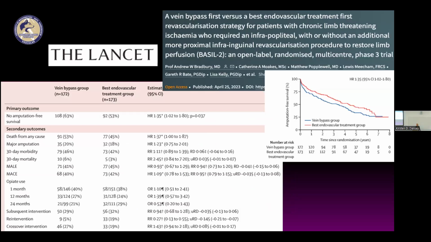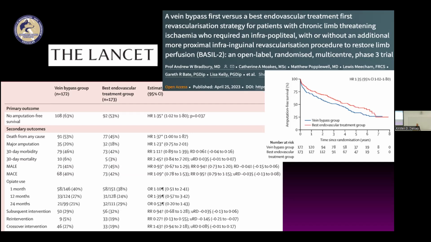And then BASIL-2 also came out, another randomized controlled trial recently that compared surgical revascularization with endovascular therapy. Randomization included stratification by clinical presentation, so Rutherford category 4 versus 5 or 6, and the presence or absence of significant infrapopliteal disease. In the vein bypass group, there was a major amputation or death in 63% of patients, and in the endovascular group, there was major amputation or death in 53% of the patients.